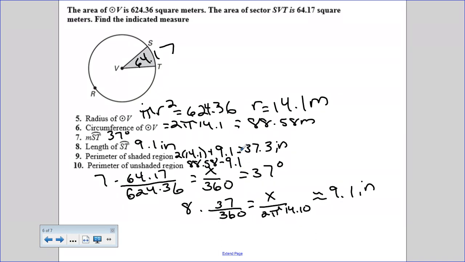Right? And I get 79.48. Lots of good math going on here. All right, so hopefully you caught all of that.